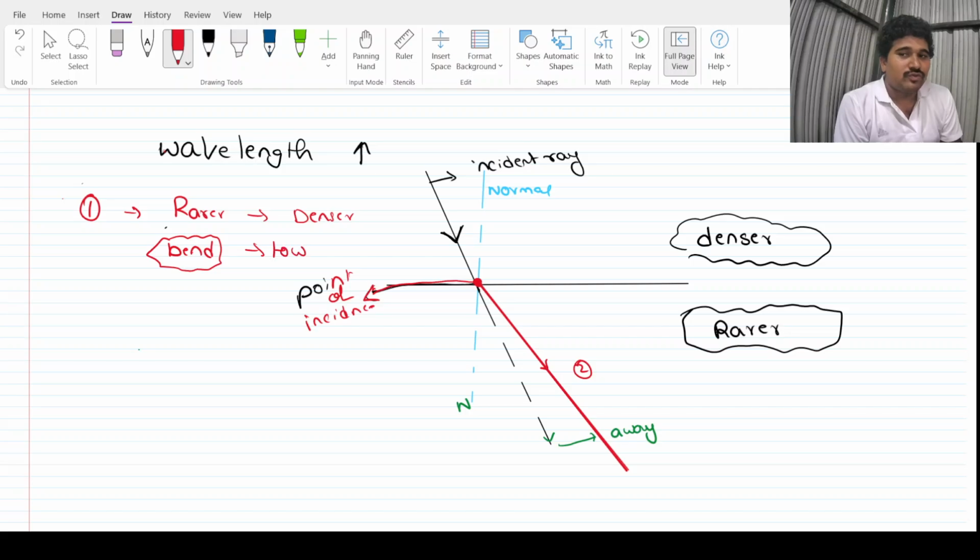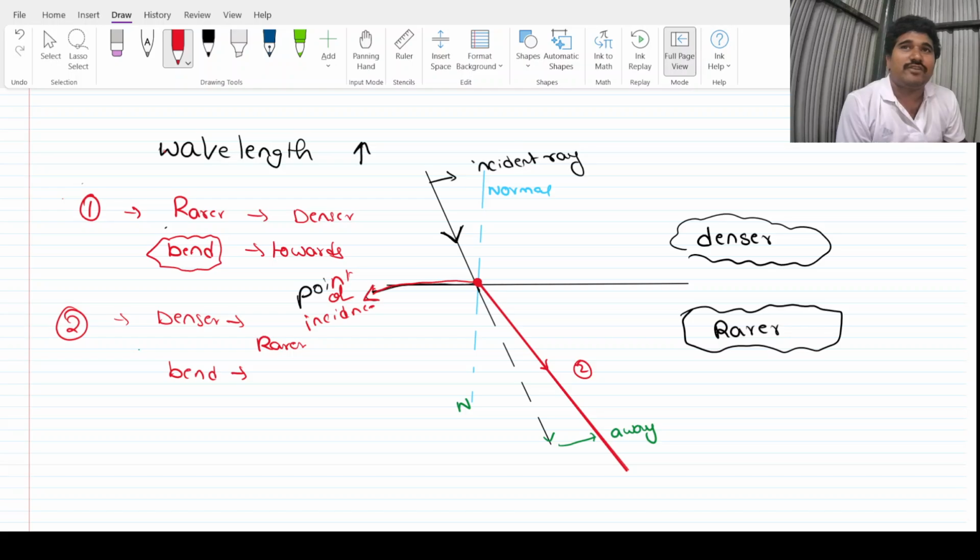Bend towards the normal. Very good. Now another situation: light is traveling from denser medium to rarer medium. It will bend towards the normal or away from the normal? Away from the normal. Very, very good. Is that clear for everybody?